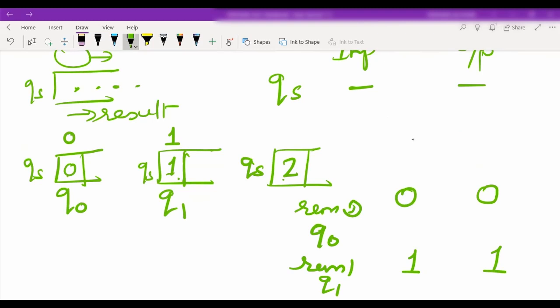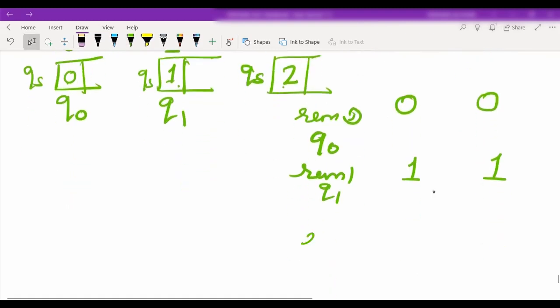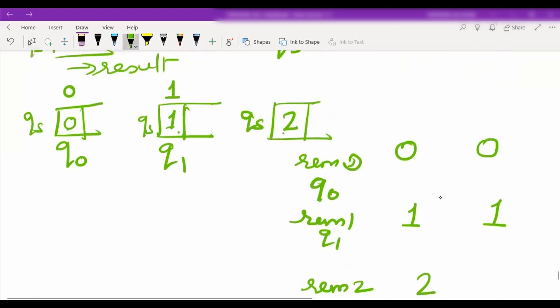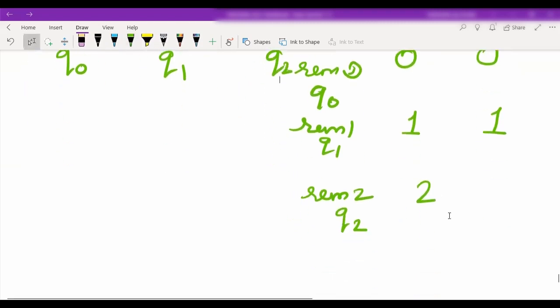So we can write that remainder 2 is generated, and we give the name Q2. Which string is represented here? Number 2. What is the output generated? That is remainder 2. So the remainder that was produced is 2 here.